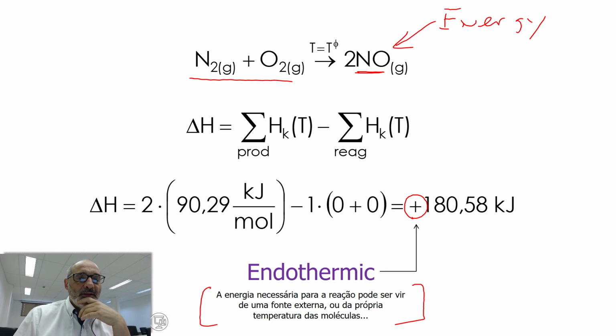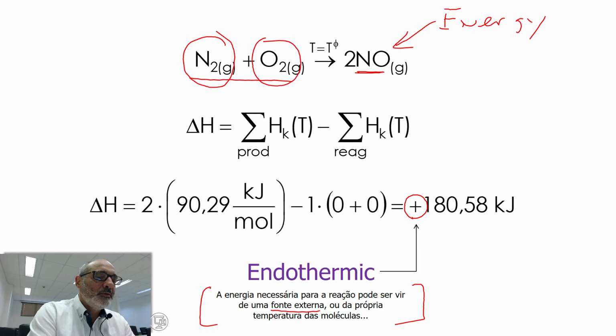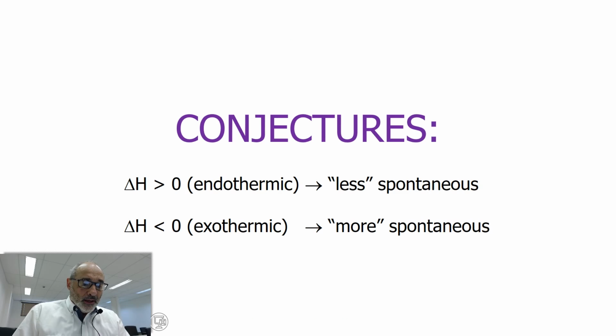But this energy may be coming from an external source, of course, but it may be related to the kinetic energy of the molecules that are bumping into each other, like in here. One molecule of N2 bumping into one molecule of O2, and so it may be coming from its internal energy, meaning temperature. Okay, let's move on.